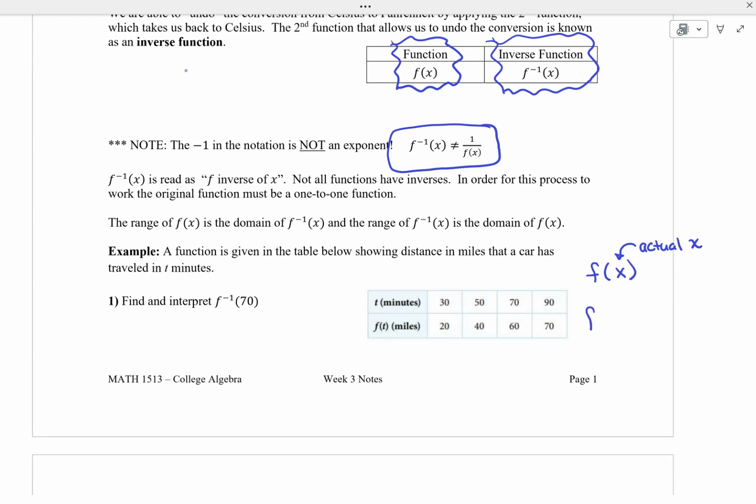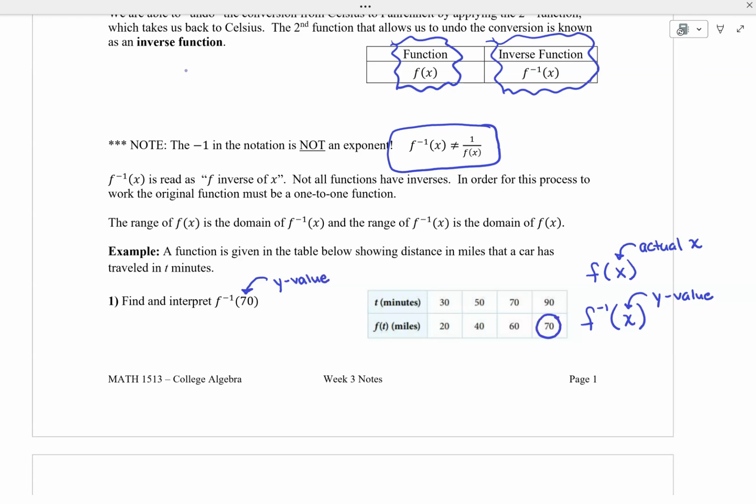Okay, but when I say the inverse of x, this is actually a y value. Because I want to know what x value goes to that. So this is actually a y value.